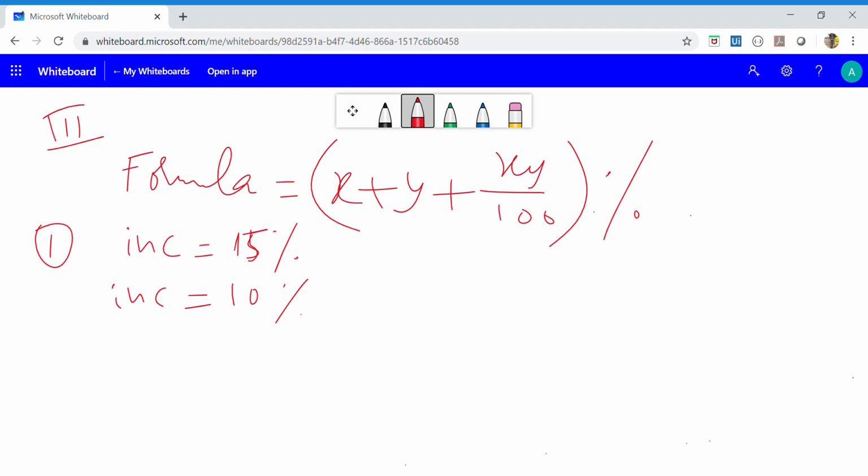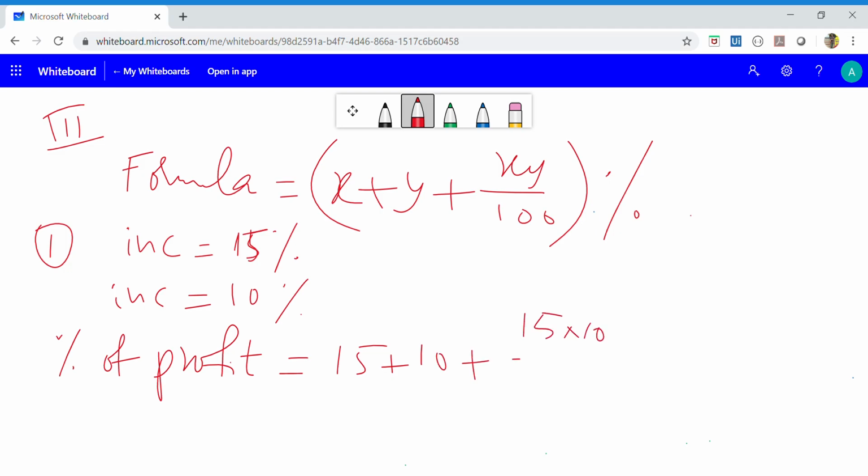He asked. So both are increasing. So the percentage of profit is equal to, what do you have to write? x is 15 plus y is 10 plus 15 into 10 by 100%.